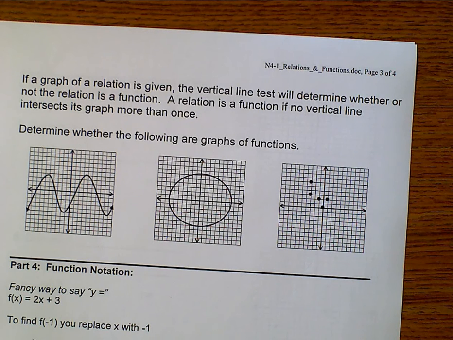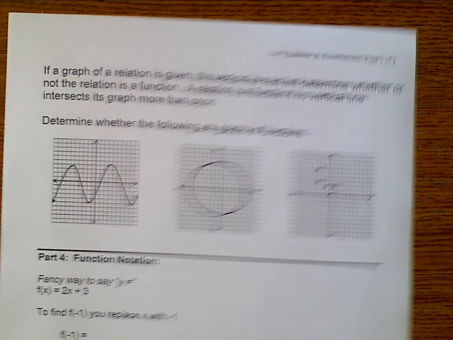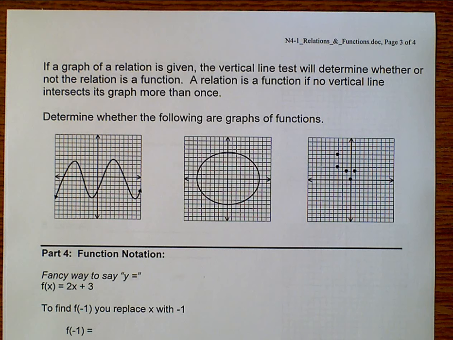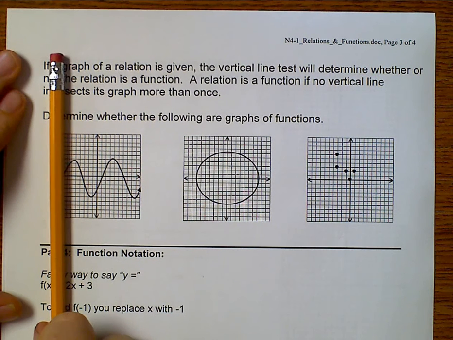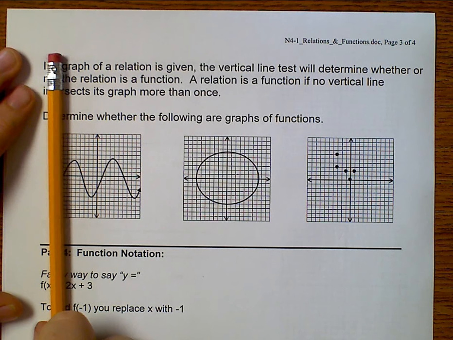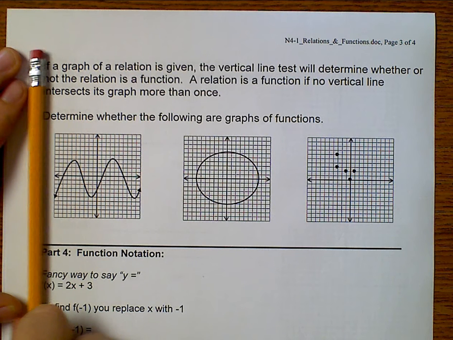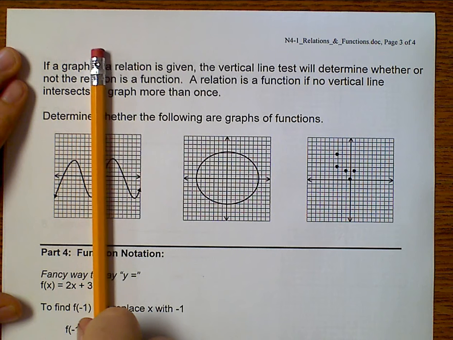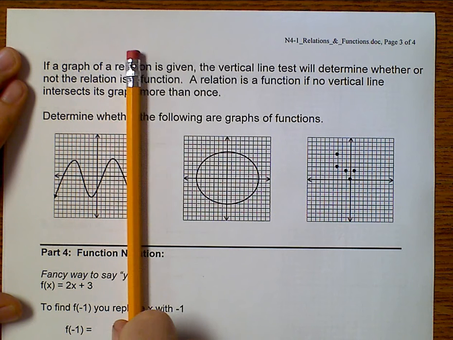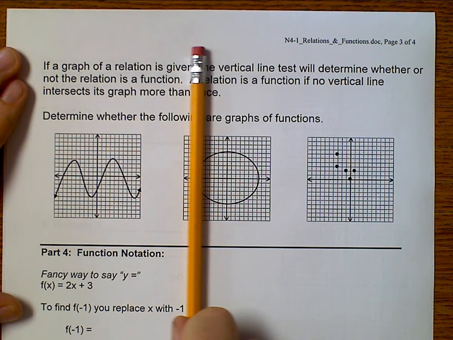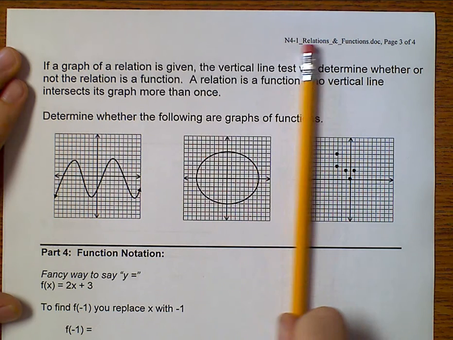Here's another way that we can determine if it's a function. It's called the vertical line test. And so I'm going to take my pencil. It's going to go straight up and down, vertical. I'm going to run it across my graphs like this. And I'm going to look to see if my pencil ever crosses the graph more than once.